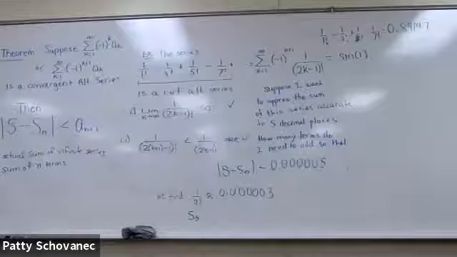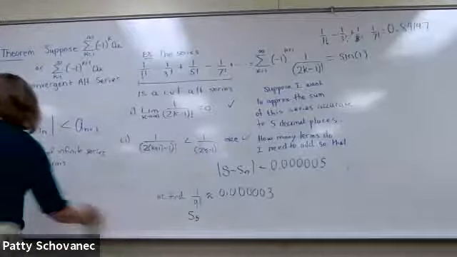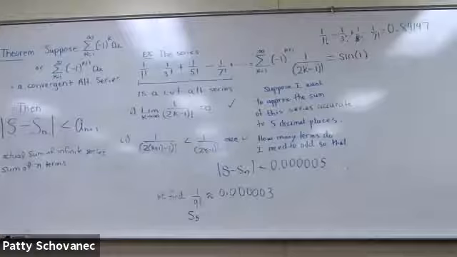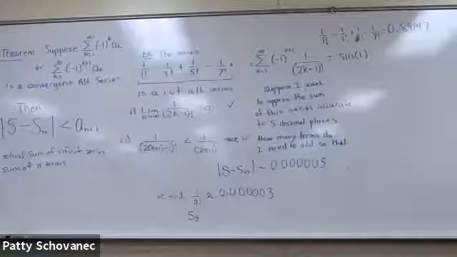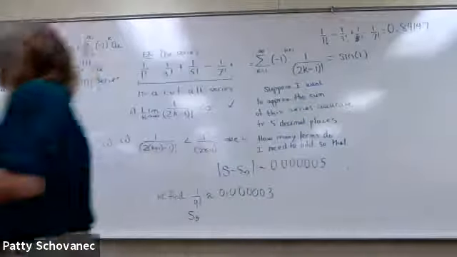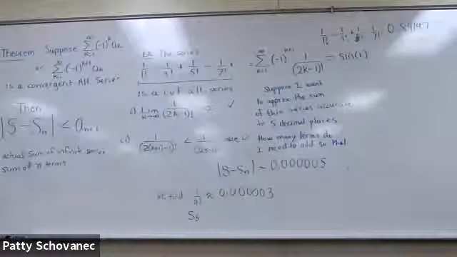A series is said to be absolutely convergent if it converges in absolute value, whether it has an alternating part or negative terms.